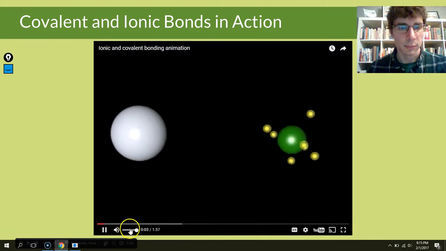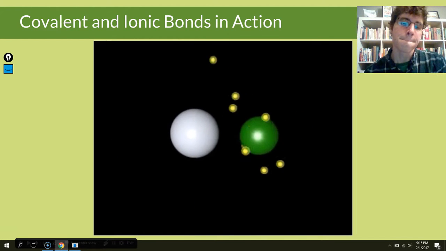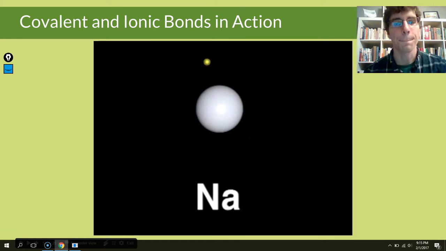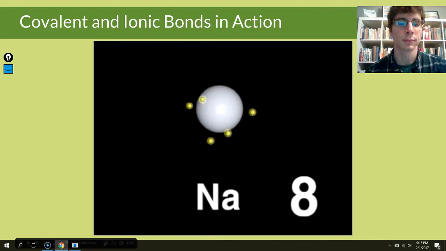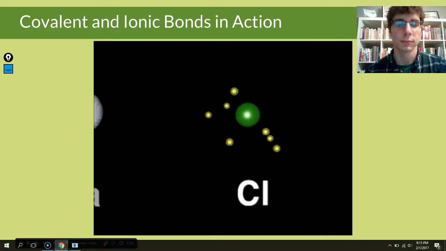Ionic bonding occurs between 2 atoms when one of the atoms has sufficient strength of attraction to remove an electron from the other atom. A sodium atom has 1 valence electron, with a stable energy level below containing 8 electrons. A chlorine atom has 7 valence electrons.